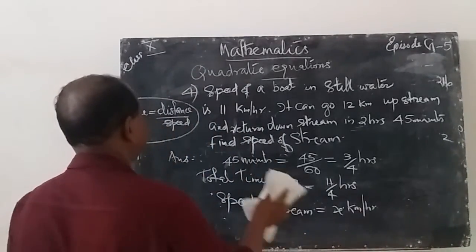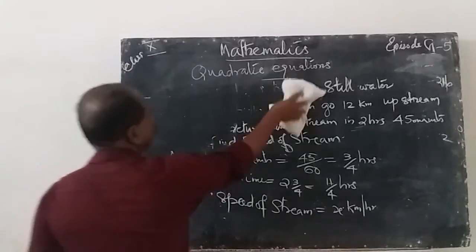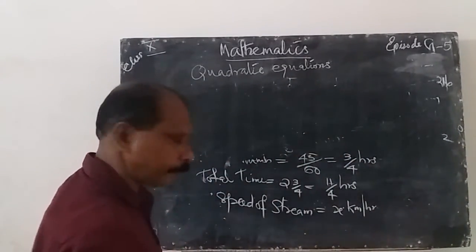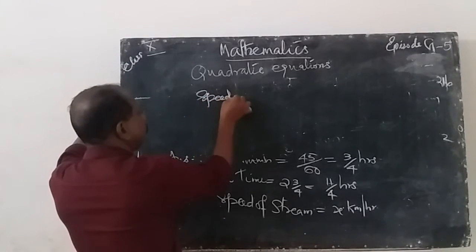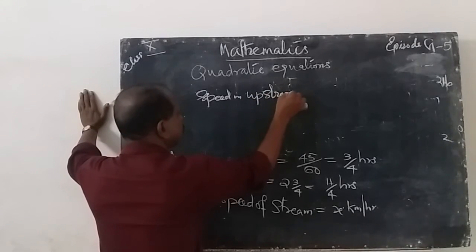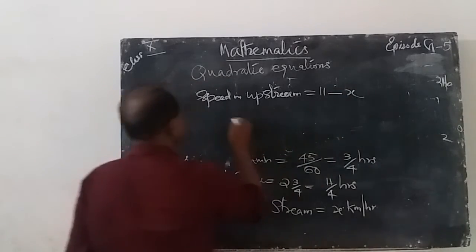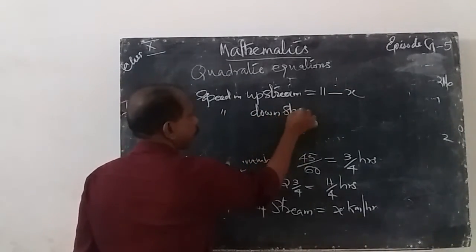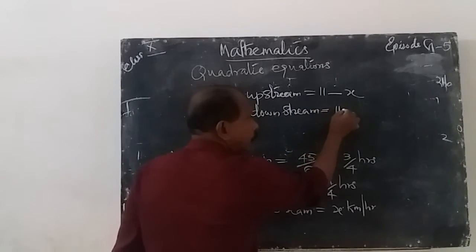Therefore, speed in upstream is equal to 11 minus x, and in downstream is equal to 11 plus x.